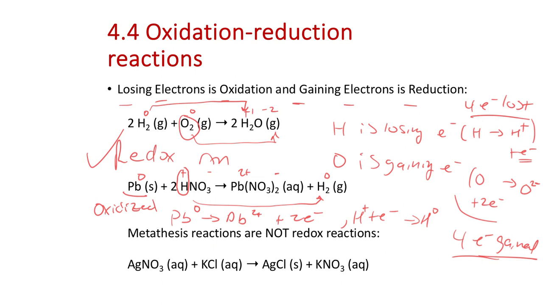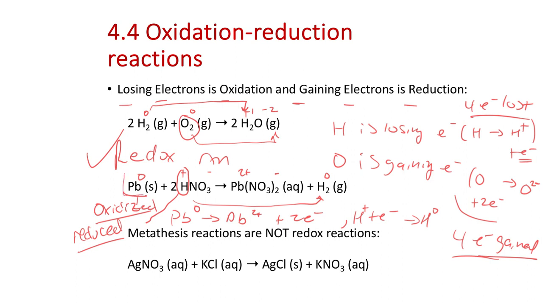So this is hydrogen being reduced. So if you can pick out in a reaction when an atom is being oxidized and another atom is being reduced, then you know that's an example of a redox reaction. So this is a redox reaction.